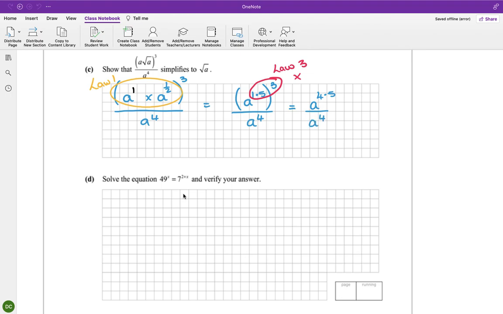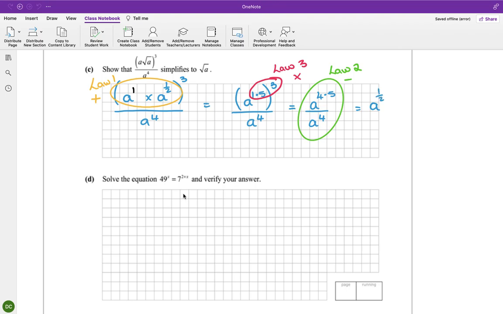Yeah, getting there. This then is law 2, where when you have a division, you subtract. So that gives us A to the power of 0.5. Or another way of saying it is A to the power of a half.